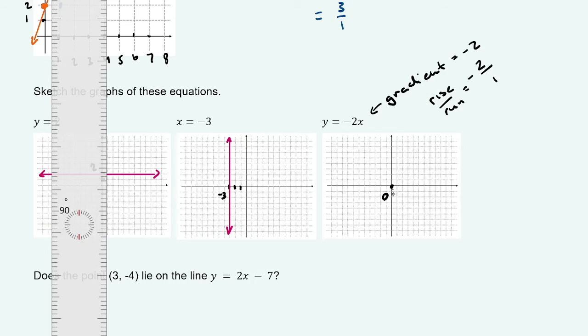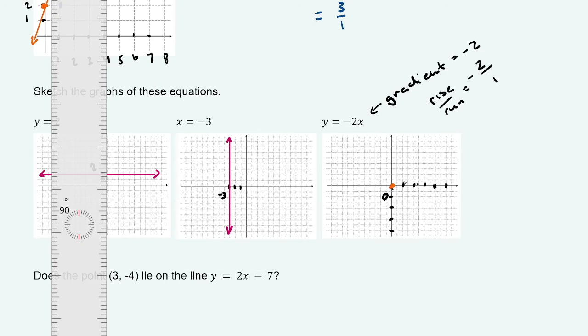So if I put some dots in, because I've got a negative gradient, I need to go down. There's my minus 1, minus 2, minus 3, and minus 4, and my 1, 2, 3, 4, and 5. So my first point goes through the origin. Then for every one across, I need to go down 2.